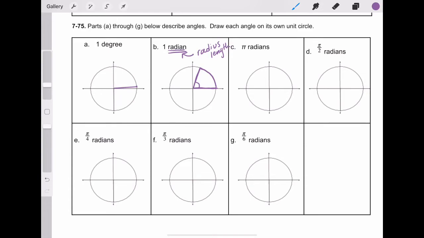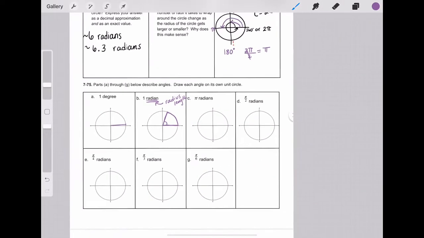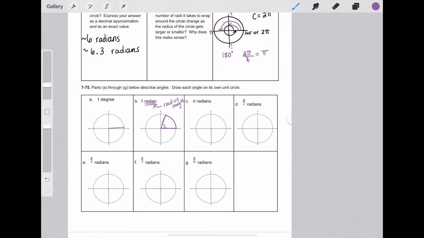Now pi radians. Remember that 2 pi is all the way around the circle. So we talked about where is pi. So yes, pi would be right here. So pi is flat. Good. Okay.